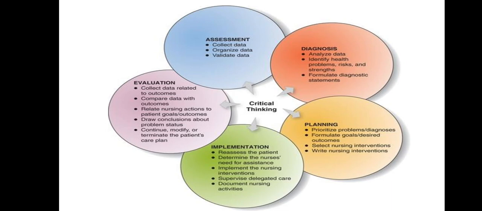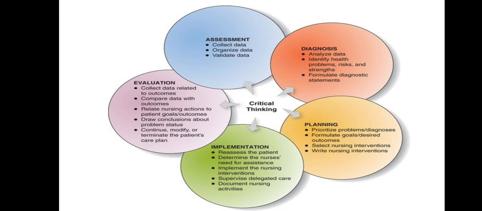Don't forget the memory aid, ADPIE. With these 5 major components of the nursing process, we say all these are done in a systematic manner, meaning that you need to start with assessment, you go to making a nursing diagnosis, you plan, you implement, and then you evaluate.